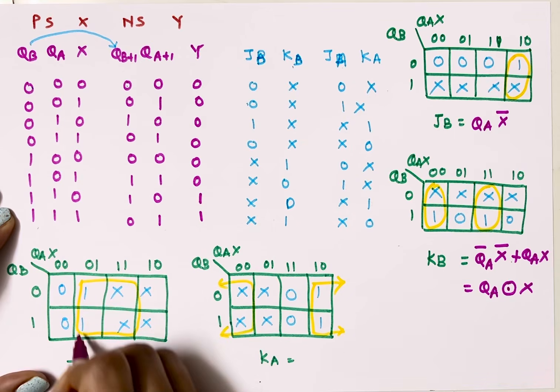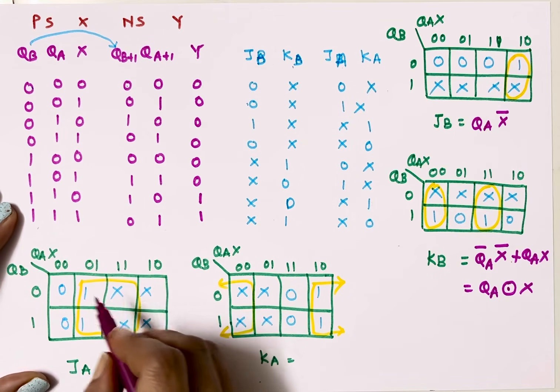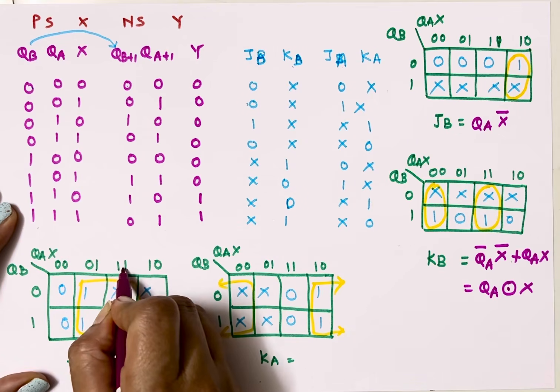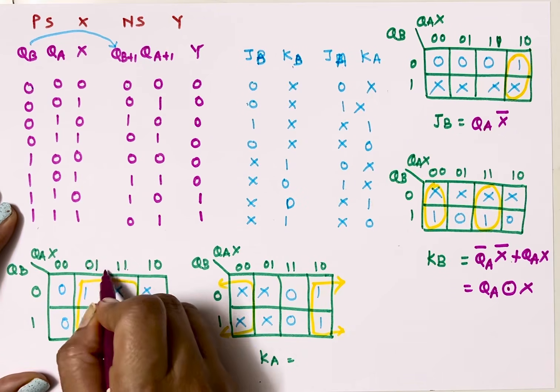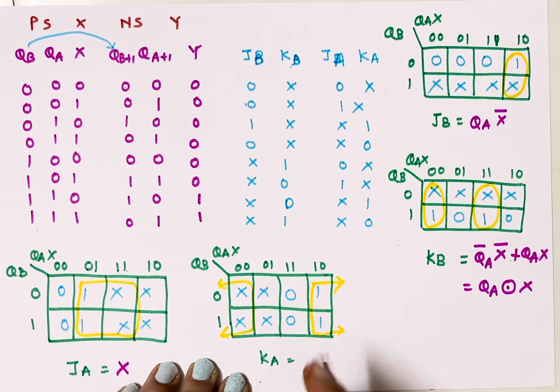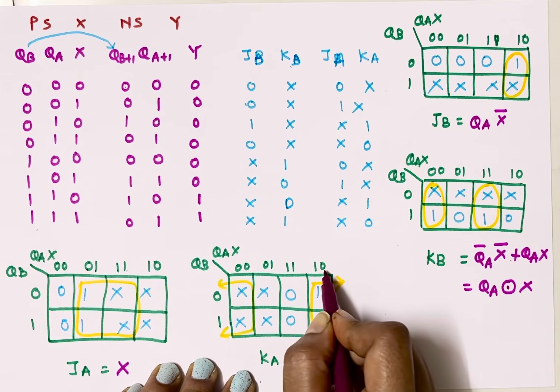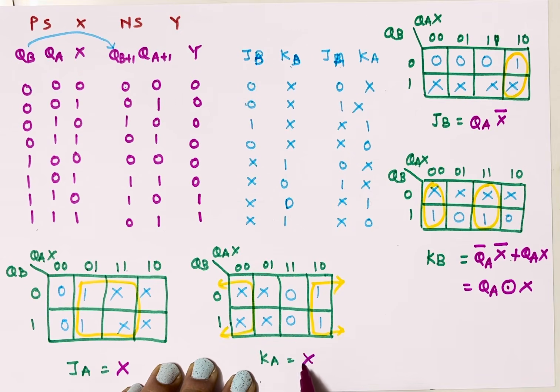For JA, I have made one group and the equation becomes X. Here only X is common, QA is 0 and 1. For KA, there is an overlapping group and here X is the same and the value of X is 0, so X bar.